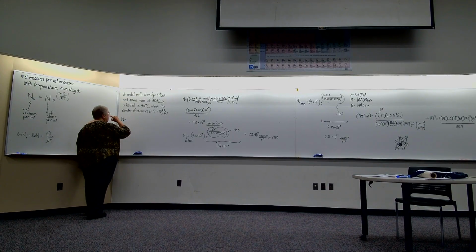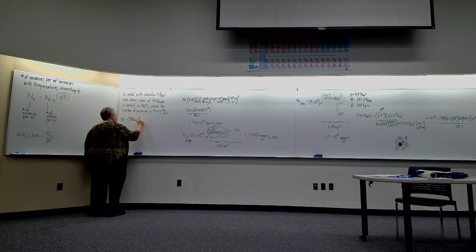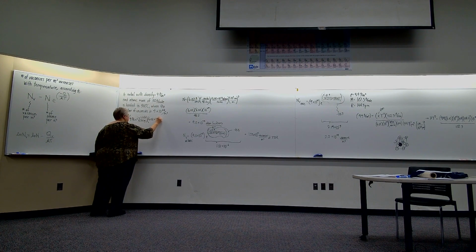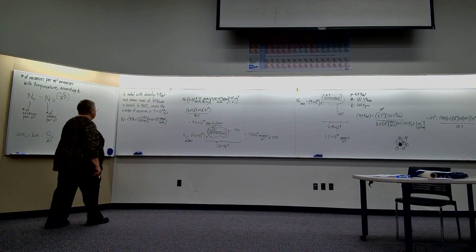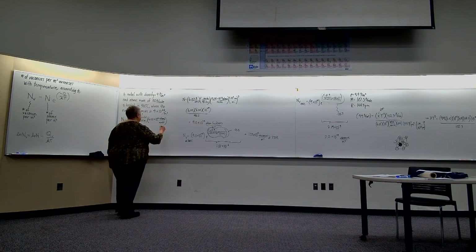N is density, 9 grams per centimeter cubed, times 6.02 times 10 to the 23rd atoms per mole, divided by the atomic mass, 50 grams per mole. So grams cancel, moles cancel, atoms per cubic centimeter.